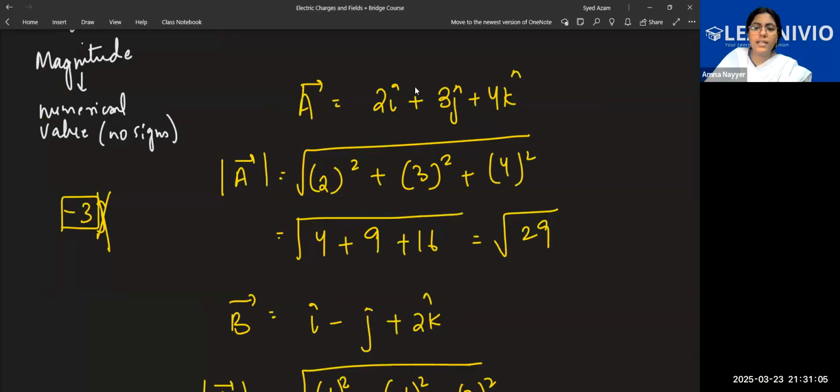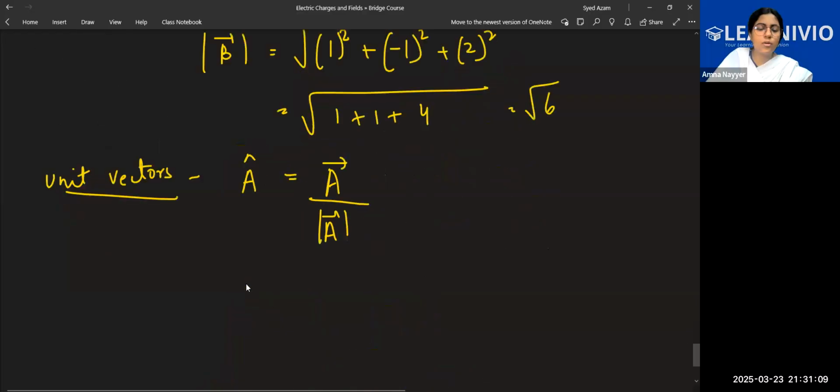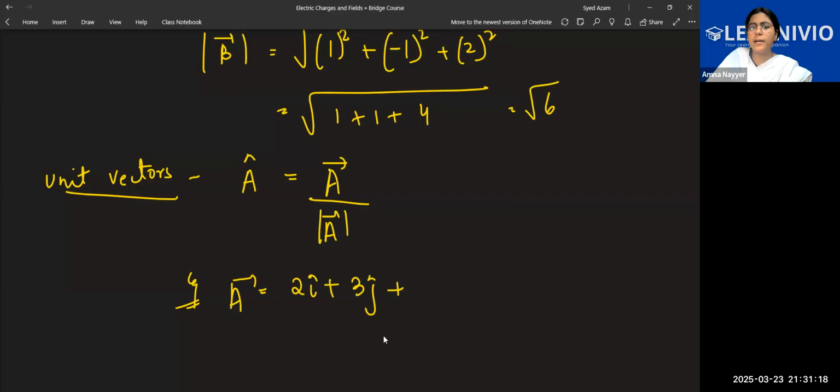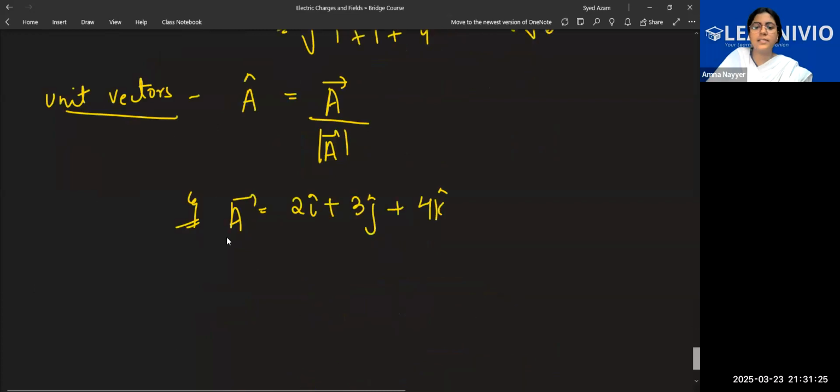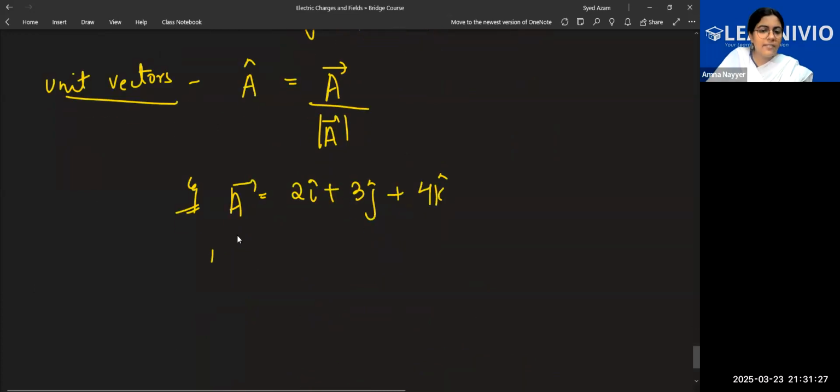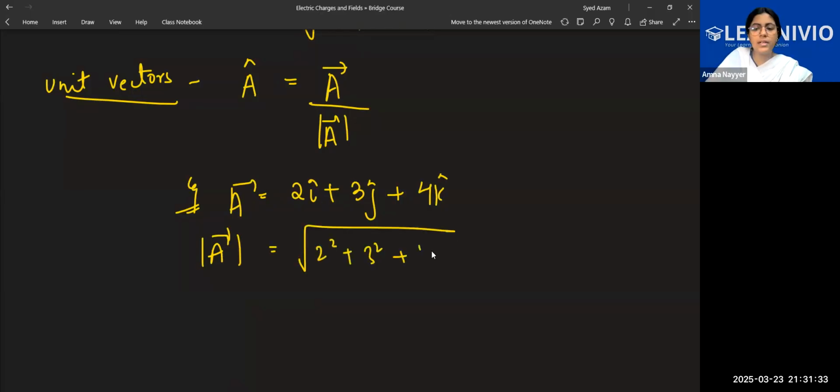Let's take this example a. I want to make its unit vector. A is 2 i cap plus 3 j cap plus 4 k cap. This is the vector. So what I'll do is first find its magnitude. When I find its magnitude, it is 2 square plus 3 square plus 4 square, which is, let's say, root 29.